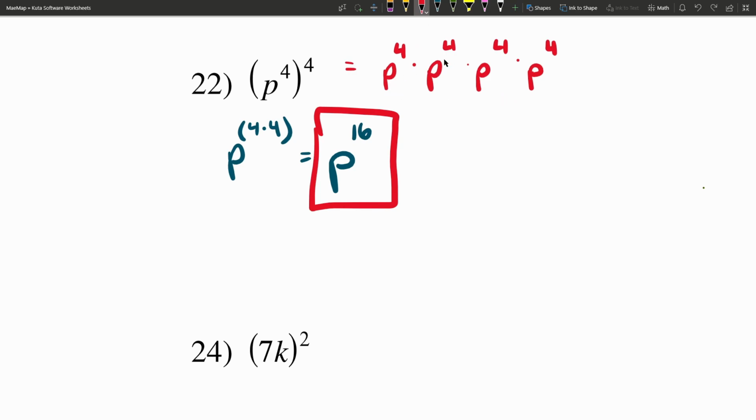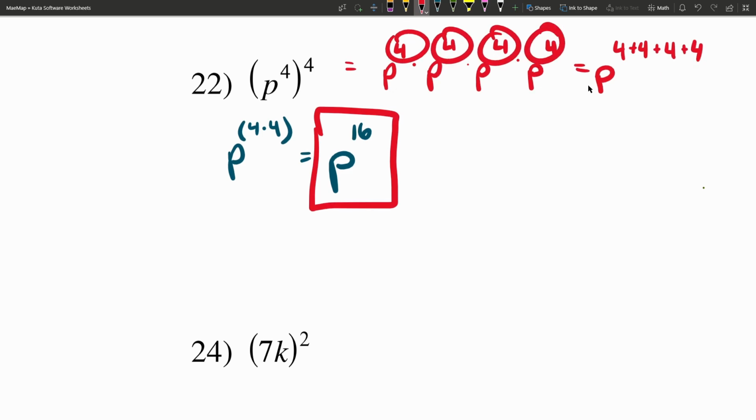And because we have it 4 separate times, now we just add those exponents together to get p to the 4 plus 4 plus 4 plus 4. 1, 2, 3, 4 times. 4 plus 4 plus 4 plus 4 gives us that 16th. That's why we can multiply at the start. Otherwise, we just write it all out and wind up adding it multiple times where we could shortcut and just multiply it at the start.